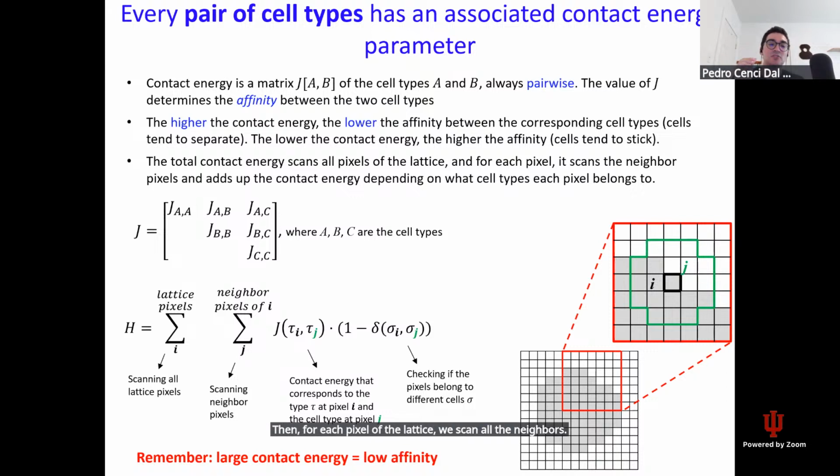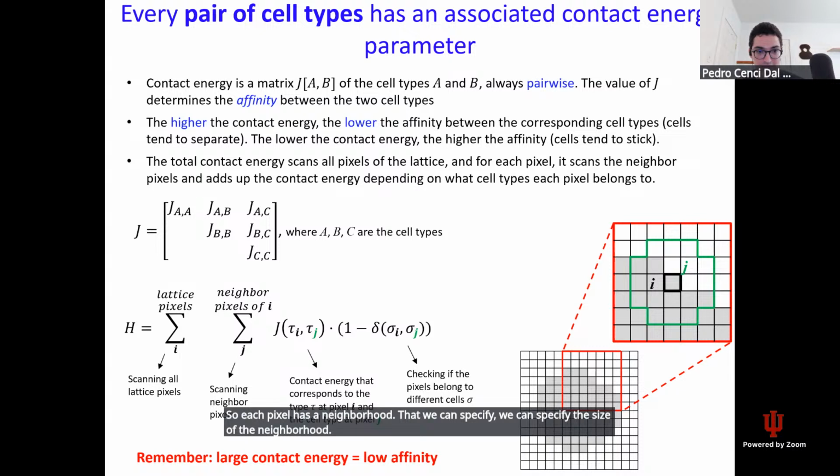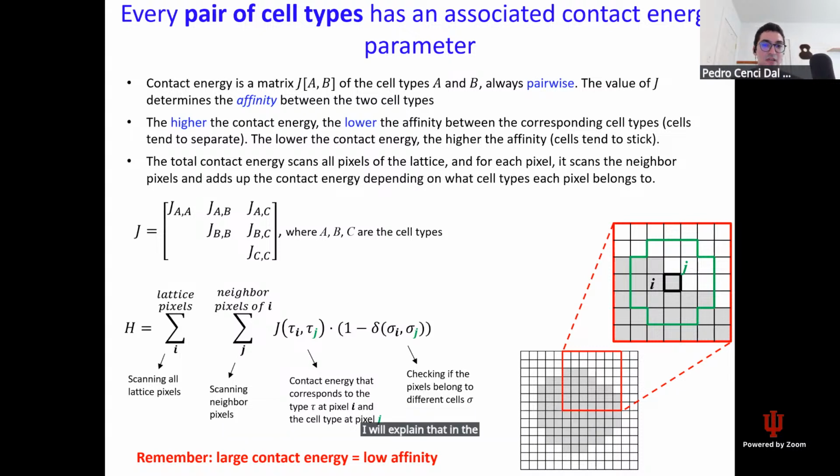So each pixel has a neighborhood that we can specify. We can specify the size of the neighborhood. I will explain that in the next slide. But this second summation is scanning through the pixels that belong to the neighborhood of each pixel in the lattice.